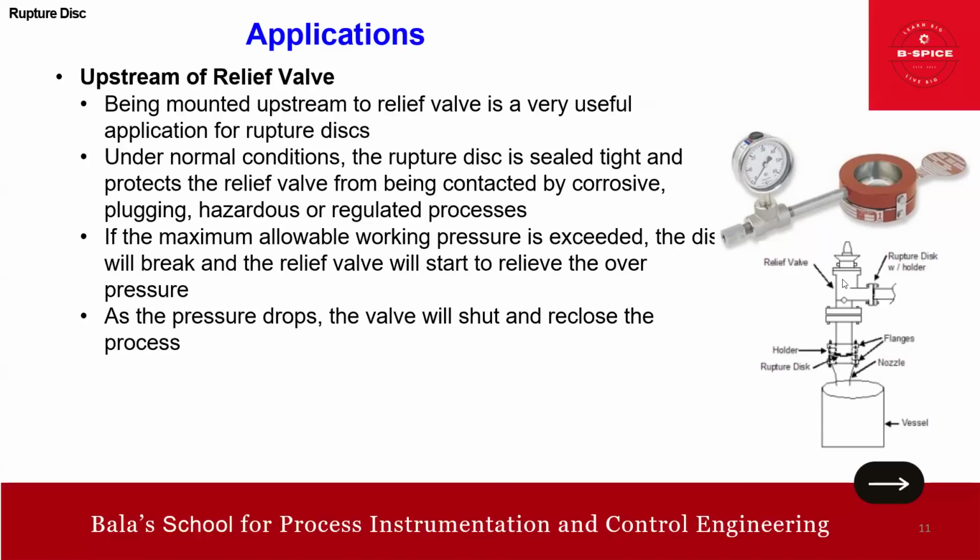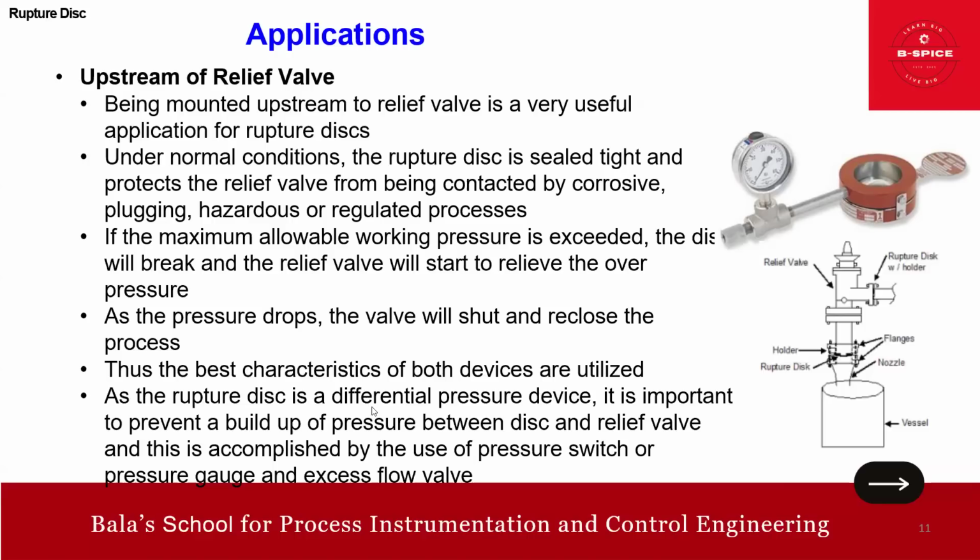As the pressure drops, the valve will shut and reclose the process. That is the relief valve mechanism, but the disc is already gone. So now we can have the best characteristics of both devices, with the rupture disc and the relief valve both utilized. So this is about upstream of the relief valve.